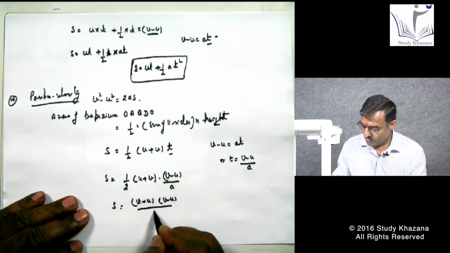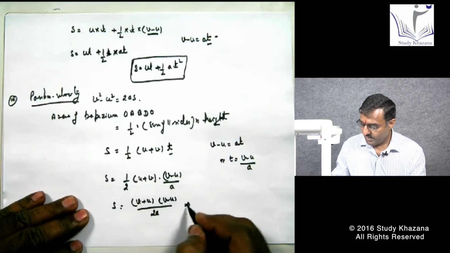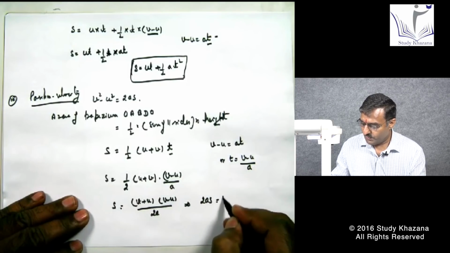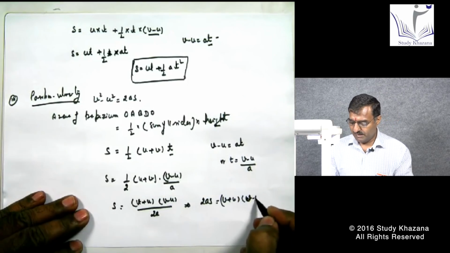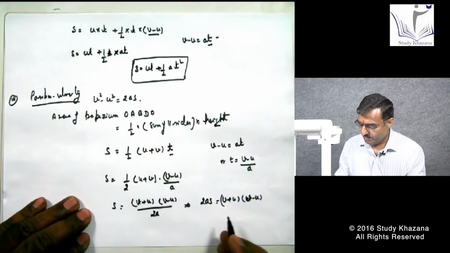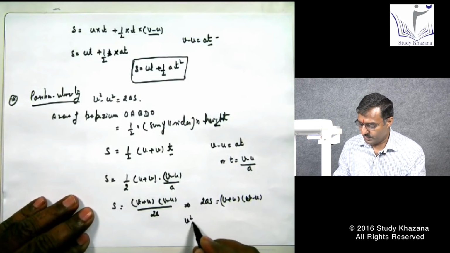This implies 2AS equal to V plus U into V minus U. Now here you can use A plus B, A minus B. It is nothing but V square minus U square equal to 2AS.